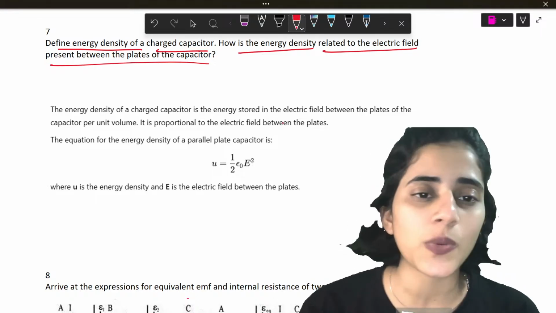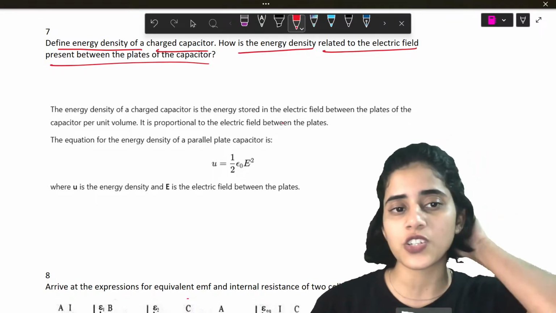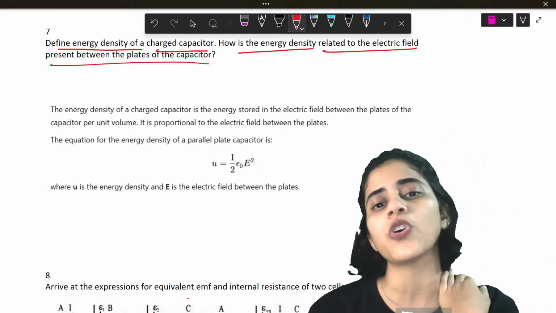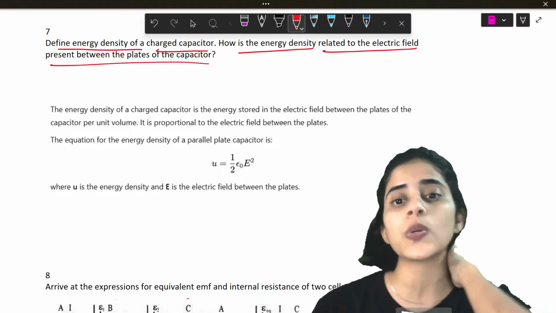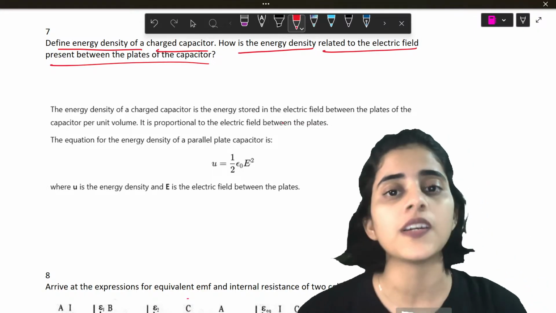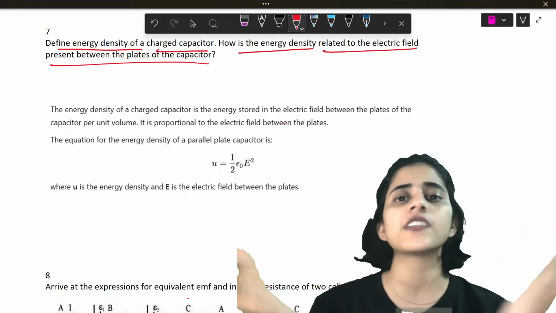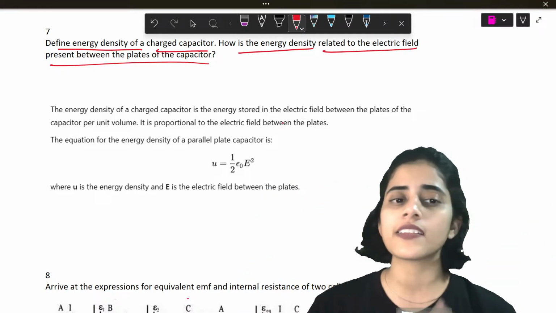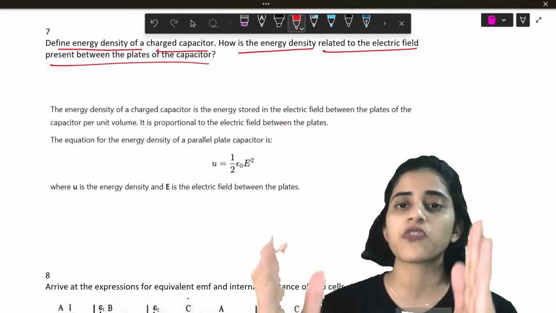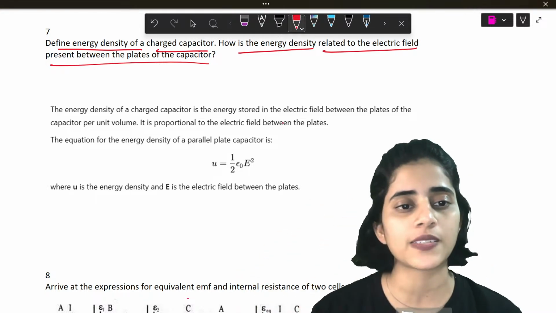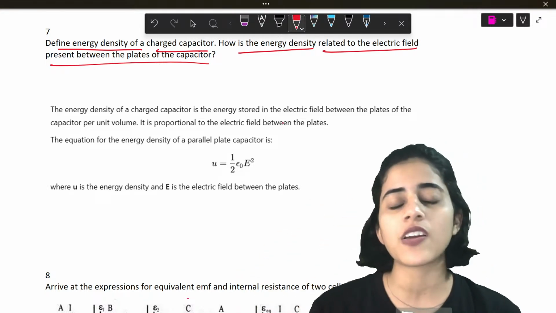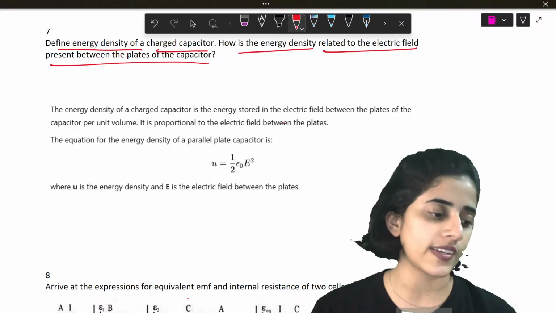What is the energy density of a charged capacitor? It is the energy stored in the electric field between the plates of the capacitor per unit volume. If you have two plates, the electric field stored between them. And it's proportional to the electric field between the plates. Equation is half epsilon naught E square.